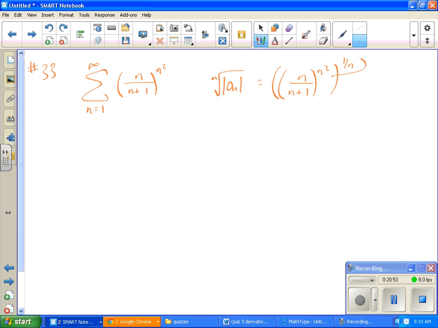What do I do with these exponents? Multiply them. What's n squared over n? N. So it's going to be n over n plus 1 to the n power. So that's n to the n over n plus 1 to the n. Do you see that? Yeah. And then try to finish the root test from there. Okay.